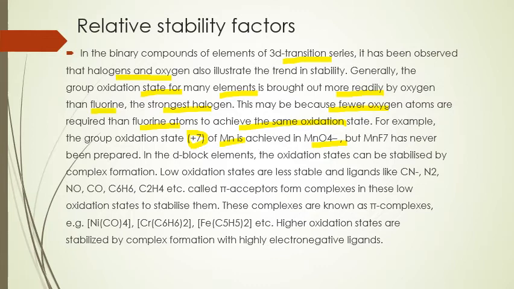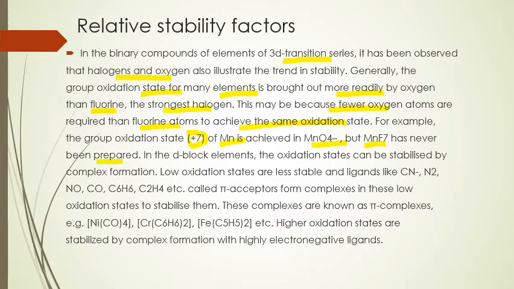Four oxygen atoms are required to achieve this oxidation state. It cannot be as stable with fluorine, because a greater number of fluorine atoms, about 7, would be required to stabilize this oxidation state, and that's why it has never been stable.